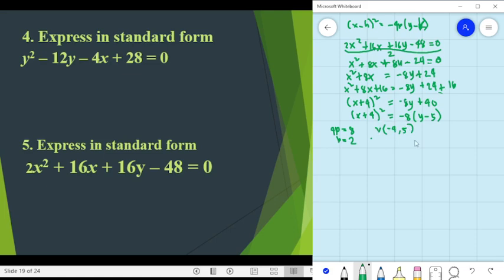Okay, so after that we graph it. The vertex is negative 4, 5, so it is in Quadrant 2.